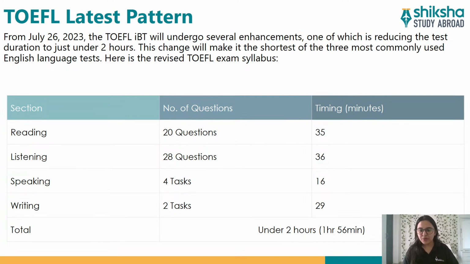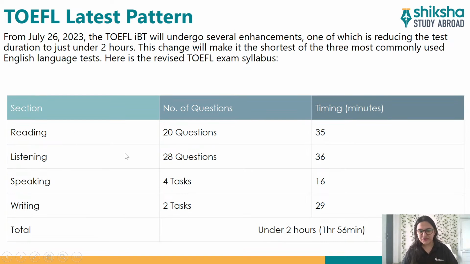But now the timing of the whole paper, that is all 4 modules, has reduced to under 2 hours. The section-wise division is like this. Reading now has 20 questions. Earlier the number of questions was more, and now it has been reduced to 20 for reading, and the time taken for completing those 20 questions is 35 minutes.